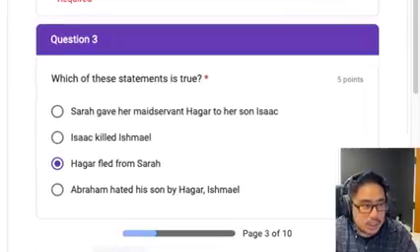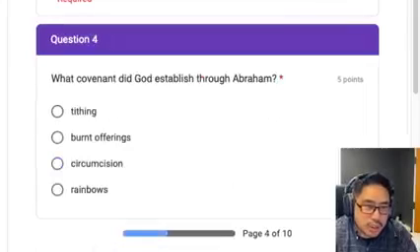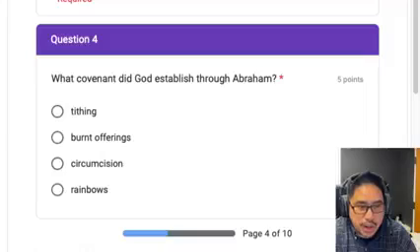These are pretty tough. Question number four. What covenant did God establish through Abraham? Tithing, burnt offerings, circumcision, or rainbows? Let me give you a moment to answer.